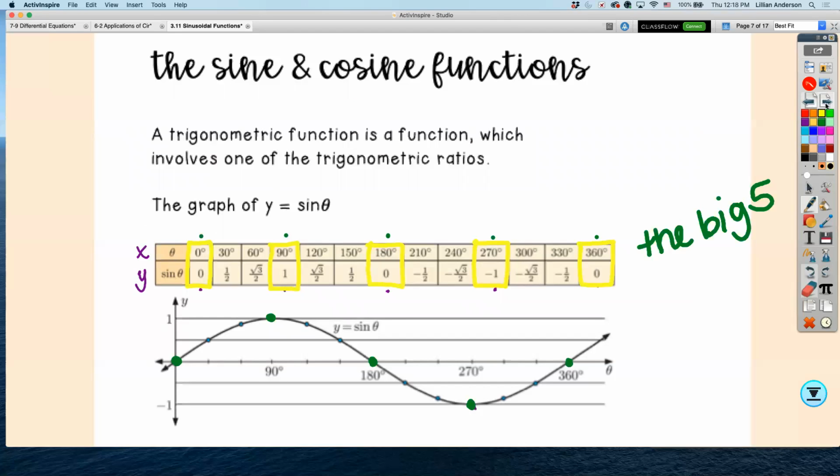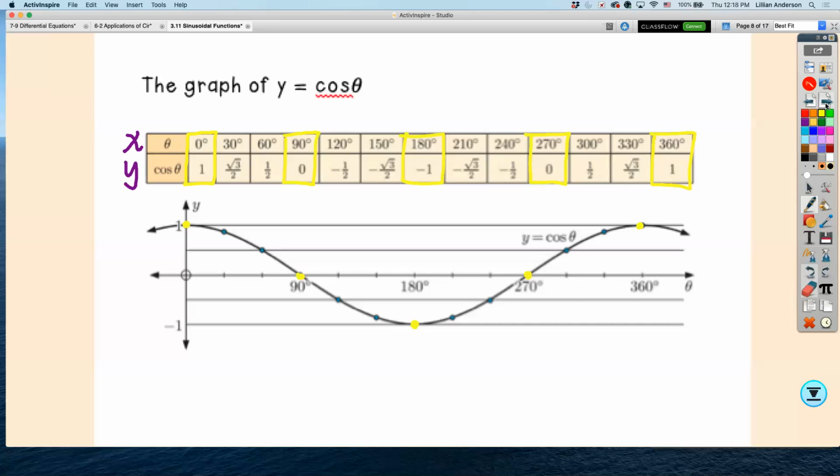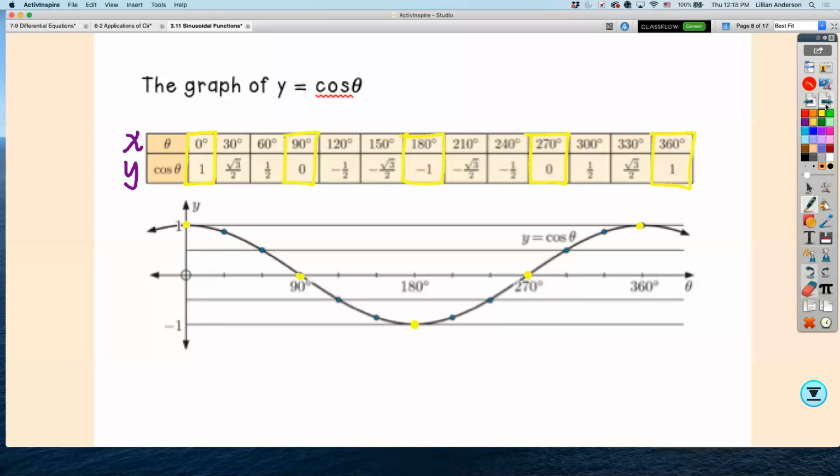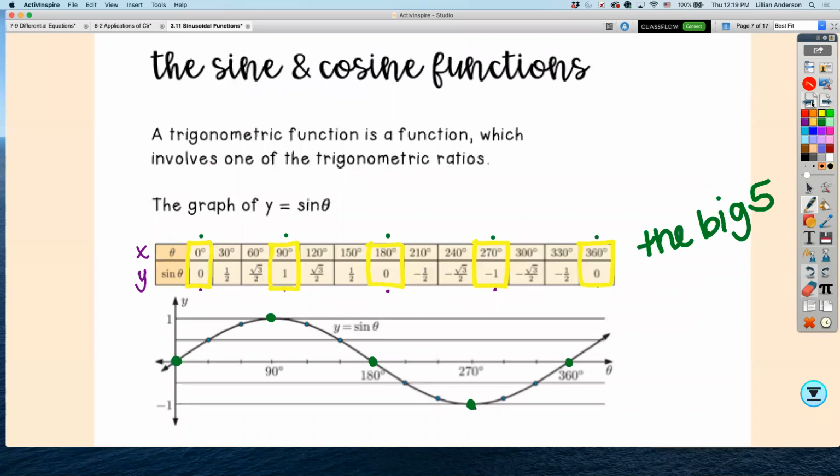Can anybody else notice a similarity between the two? Let's see if you understand the vocabulary. What is the amplitude of my sine theta graph? It's 1.